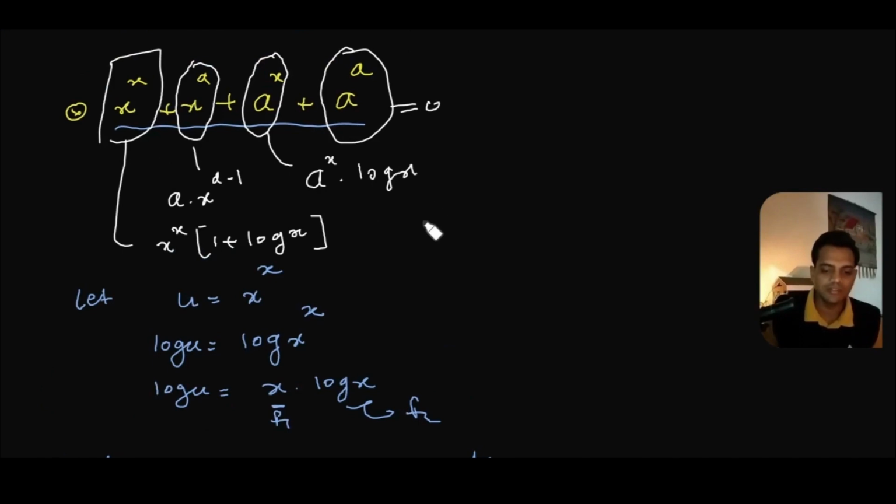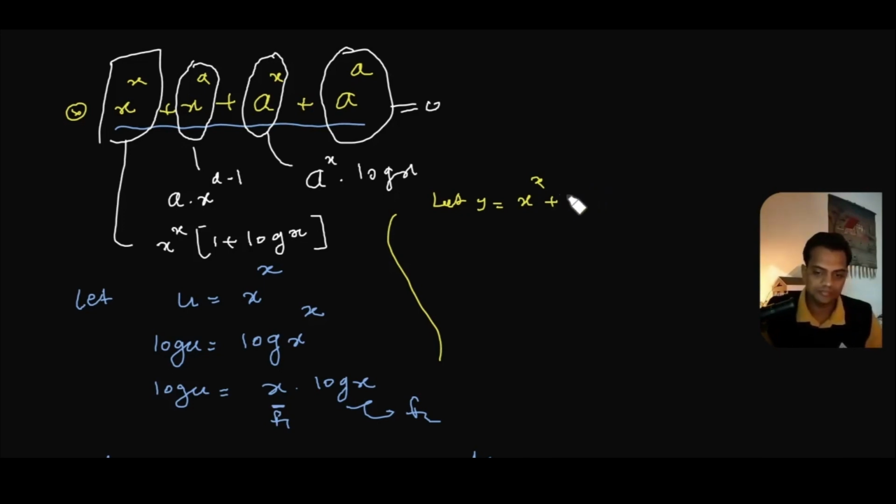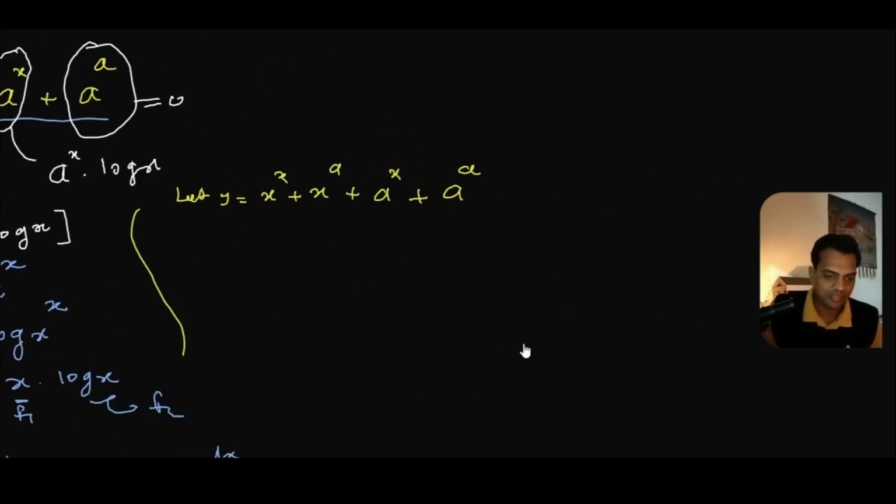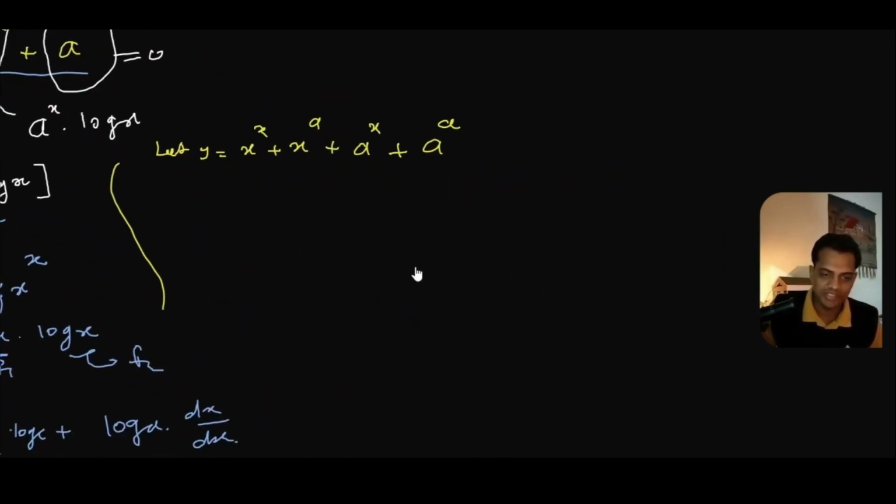Now let's solve this problem. Let y is equal to x raised to x plus a raised to x plus x raised to a plus a raised to a. How to solve this particular problem? I know the derivative of each and every term.